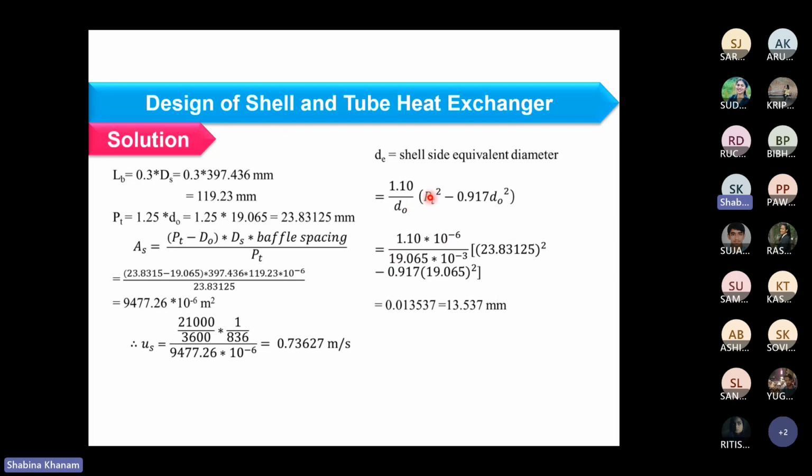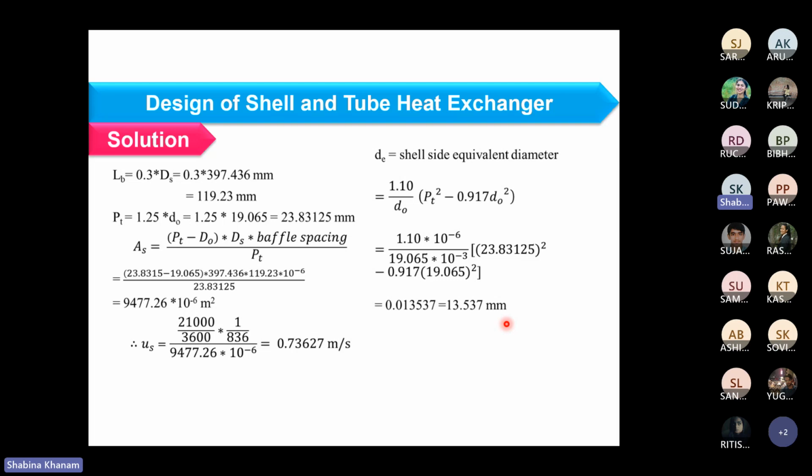Next, you need to find out the equivalent diameter. I hope all these steps, which are one after another, you are already aware of, as we have discussed before. So the equivalent diameter for triangular pitch you need to consider, and this is coming as 13.537.